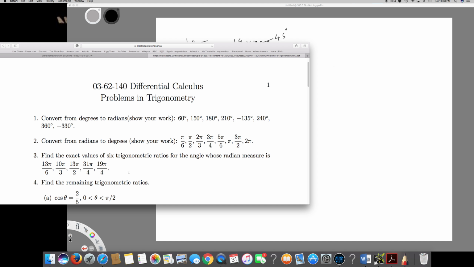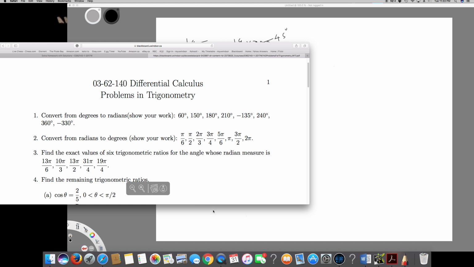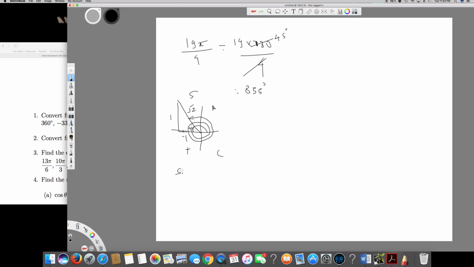And let's see. So sine 19π/4 is going to be sine 45, exactly the same thing, 1 over root 2, and cosine 19π/4 is going to be what? Negative 1 over root 2, and tan is going to be what?